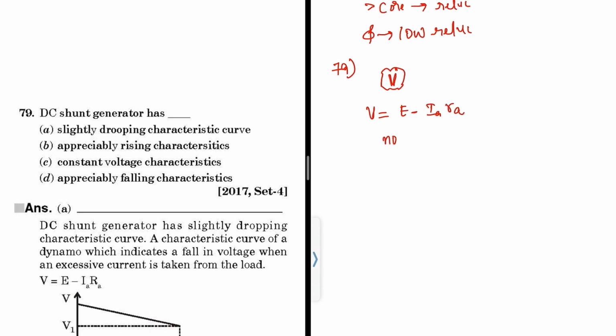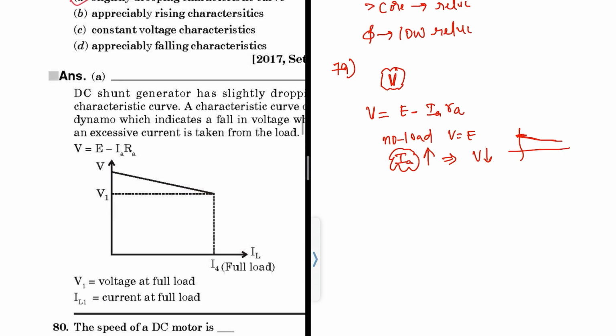So at no load, V equal to E. During loaded condition, IA will increase, so V will decrease. Initially it will be E, thereafter it will decrease. So slightly drooping characteristics is the right answer.